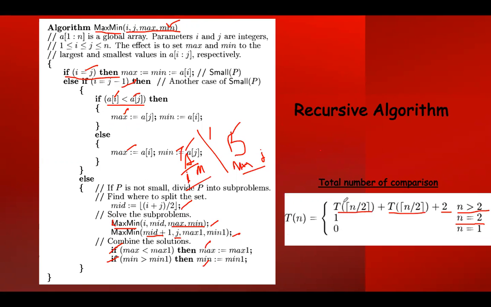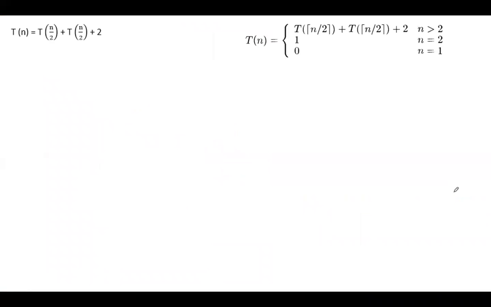So T of n is equal to T of n by 2 plus T of n by 2 plus 2. Taking this, we have to solve it to find out the complexity. For solving that, we can make use of the substitution method. So T of n is equal to T of n by 2 plus T of n by 2 plus 2, which is nothing but 2 into T of n by 2 plus 2. Let's call this equation 1.